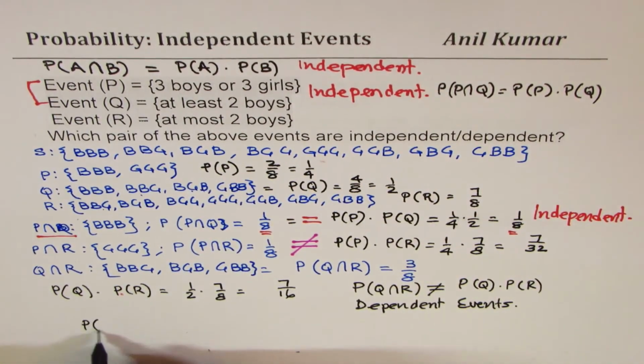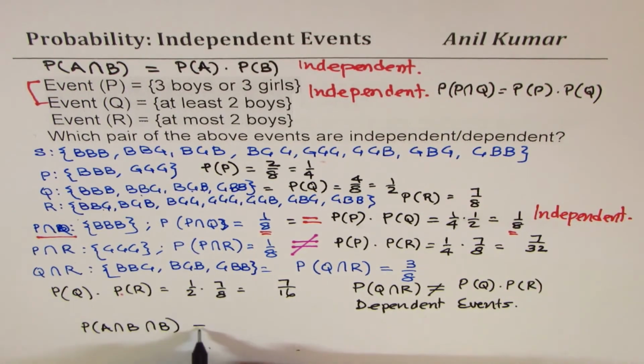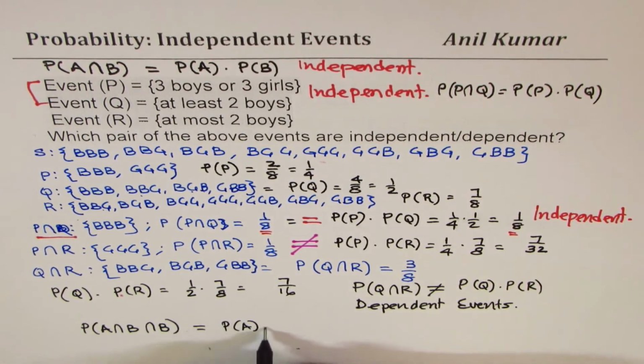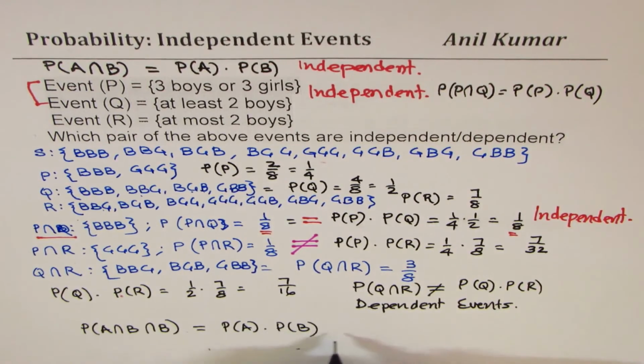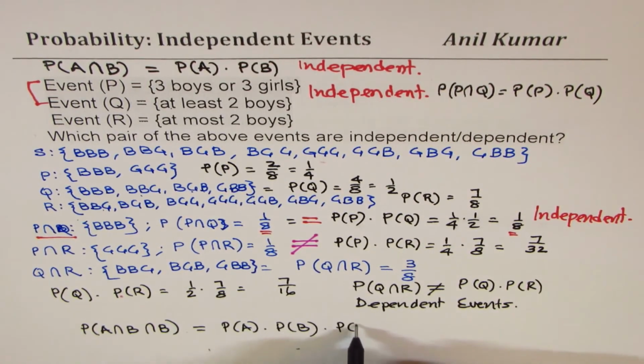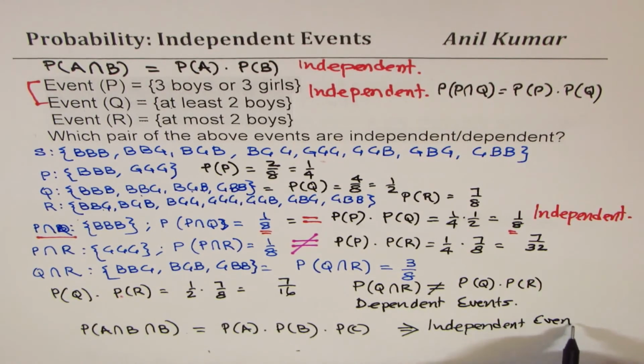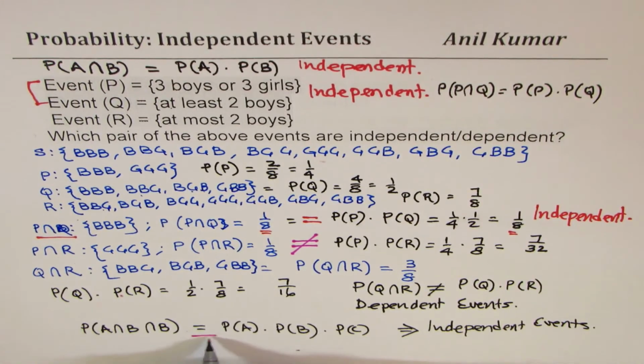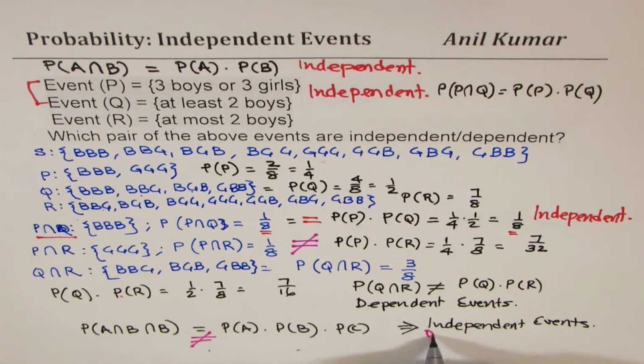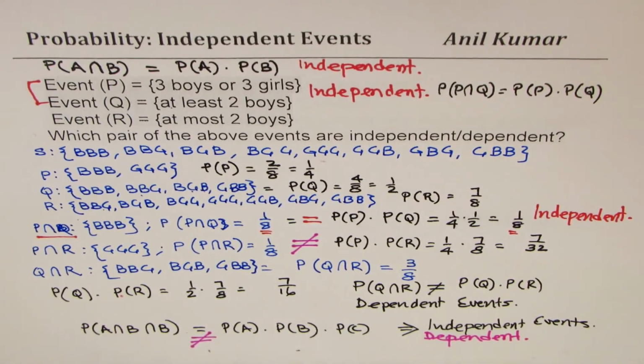You could write the probability of 3 events, let's say A, B, and C. If that is equal to the probability of A times the probability of B times the probability of C, in that case we'll conclude that these are independent events. And in case this is not true, then they are dependent. So I hope that is clear, right?